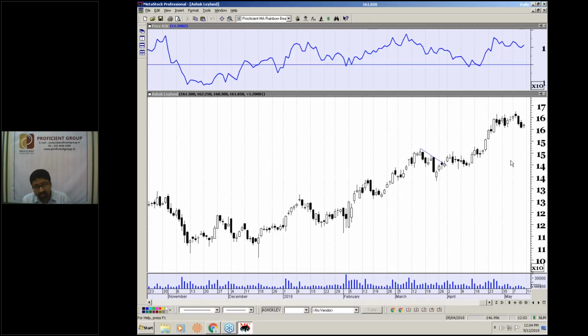Therefore, chances are high again for the uptrend to resume, and you will have to put a stop loss at around 160 level. Right now it is trading at 161.9 or 162 odd levels. So stop loss will be 160 and target will be 168 for Ashok Leyland, right?